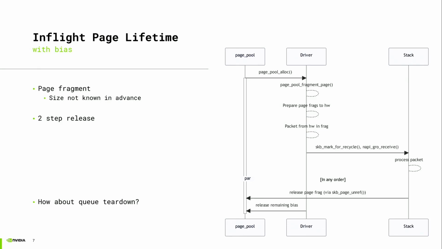The stack releases the SKBs, but then you have leftovers. So the driver has to release its leftover as well. So this is this part here on the bottom. And this can happen in any order. And when you put the queue teardown in the mix, this can be a source of bugs. Actually, this is where most bugs come from in the driver when it comes to leaks.